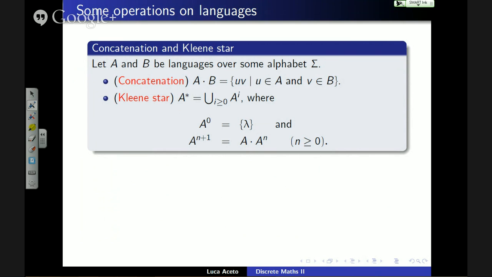Any number means 2 strings, for instance, from A. So A concatenated with A is also included in A star. But it could mean take 3 strings from A, 4 strings from A, 154 strings from A, 1 billion strings from A, which could all be the same, and you write them one after the other, and you get a string in A star.